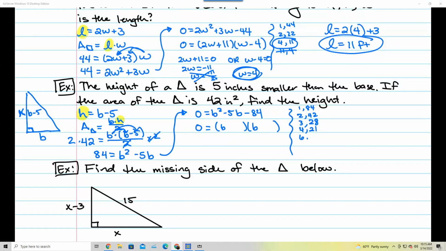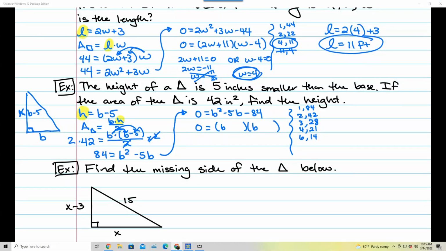There is a 6. That's going to be 6 and 18. Let me just make sure that's right. That doesn't sound right. Let me check that again. No, it's not 18. What is it? 6 and 14. Yeah, that's right. Okay. Sorry.